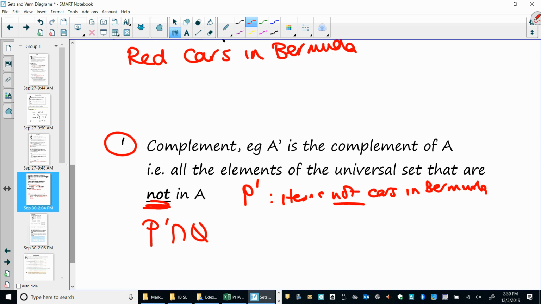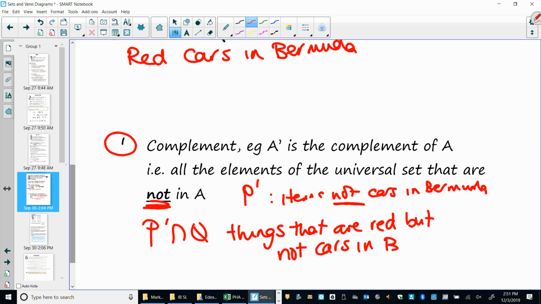So, things that are red but not cars in Bermuda. Okay, that's an awesome question.